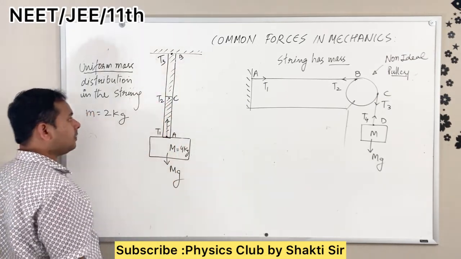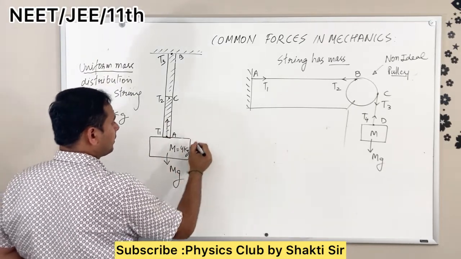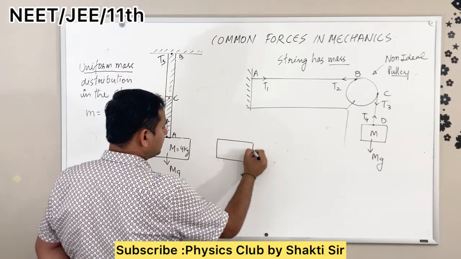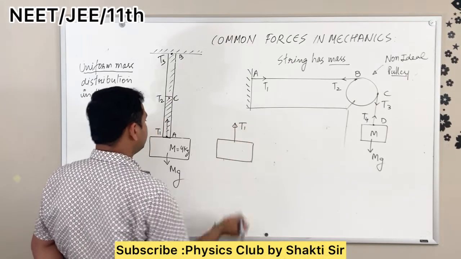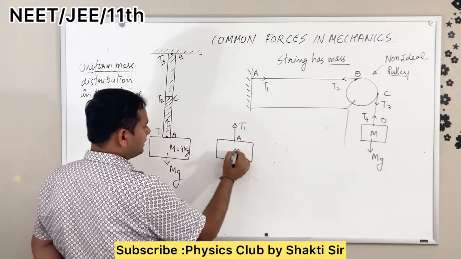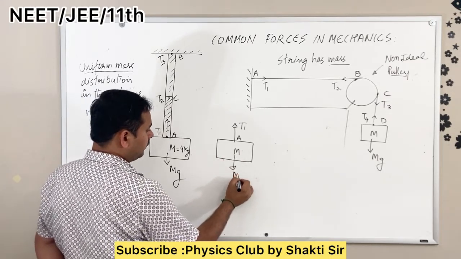Okay. So for the tension at point A, we will solve it something like this. T1 is in the upward direction at A, the block has a mass M, and a force mg is acting in the downward direction.